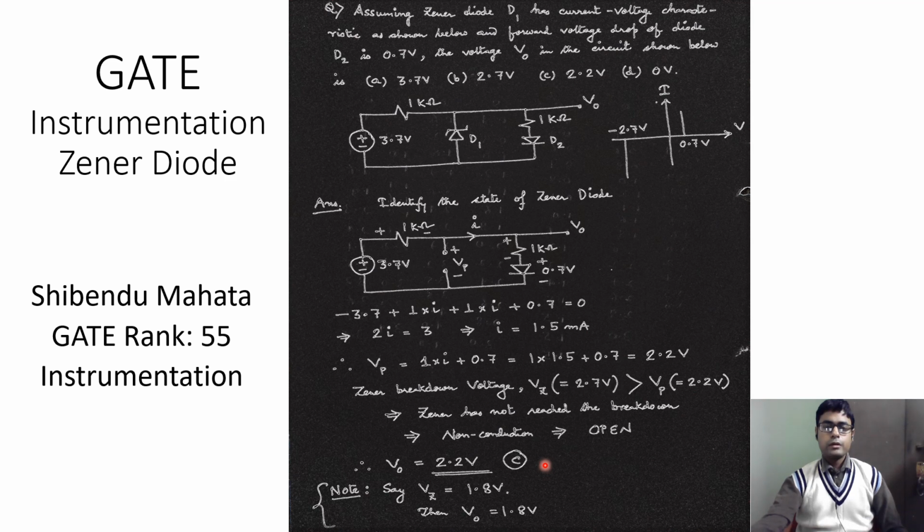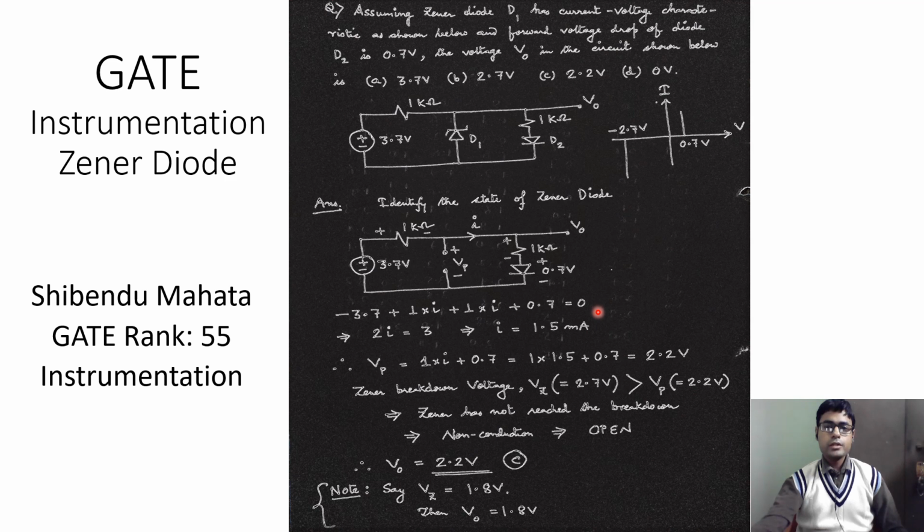Now note that a slight variation to this problem could be if I had, let's say, a Zener diode which had a breakdown voltage of 1.8 volts. In this characteristic curve, it will be somewhere over here, where this is negative 1.8 volt.